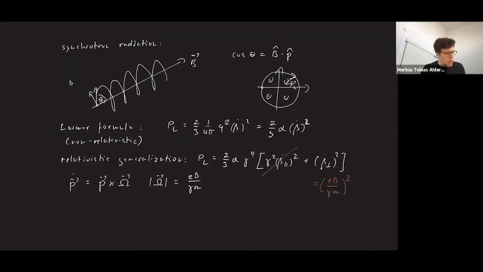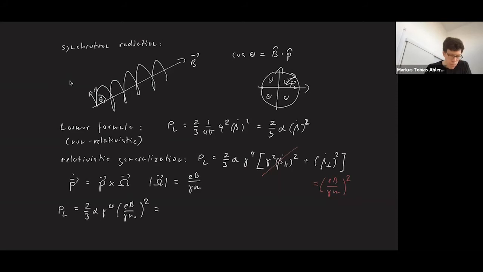So if we put everything back together, we arrive at the following expression. For relativistic electrons, the total Larmor power is going to be 2/3 alpha gamma to the power 4 eB over gamma m_e squared.